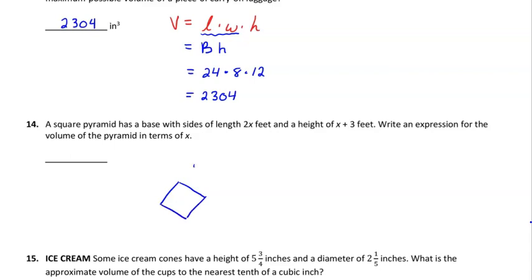That way we can kind of get a visual. Doesn't have to be perfect. Okay, kind of looks something like that. All right, and so we've got 2x. Okay, and then I know all of these are the same. And then it also gives me the height, so I'm just going to put this off to the side, and the height is x plus 3.